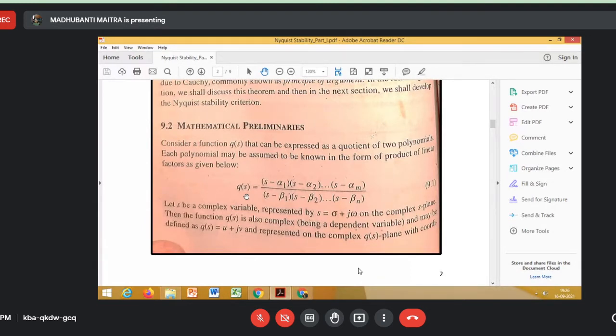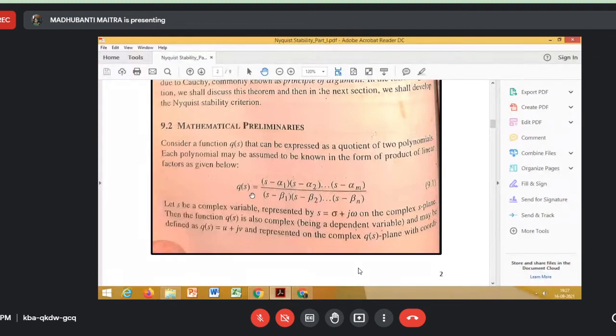Okay, fine, no problem. But if S is equal to any of beta 1 to beta n, then we will not get a value. Q(S) will simply not exist, we will not be able to find Q(S). So that is the answer.